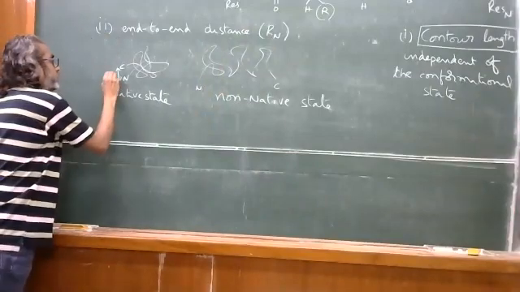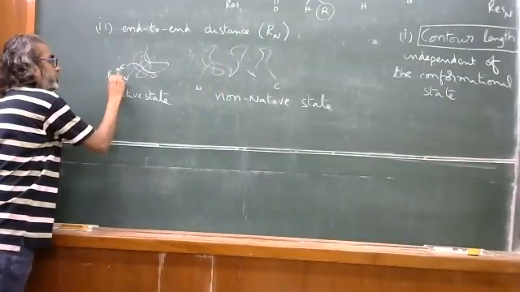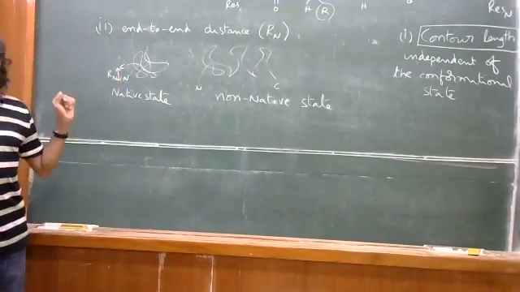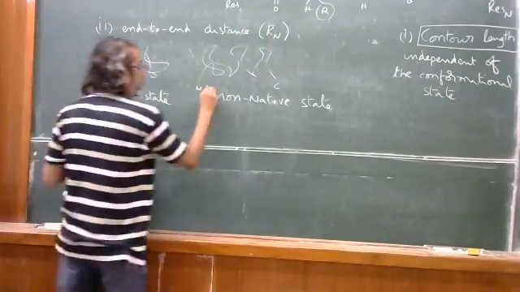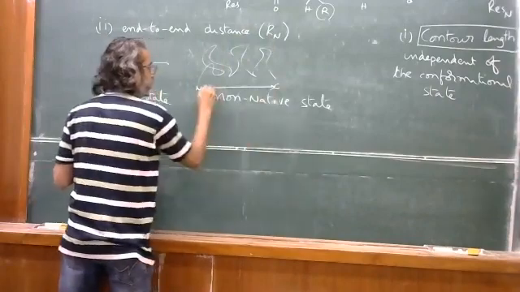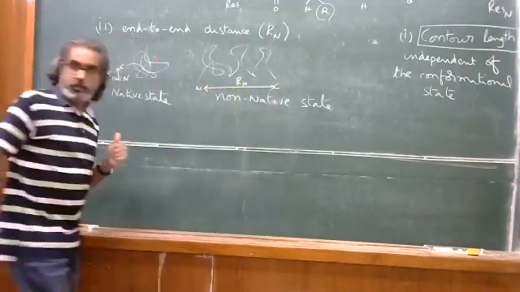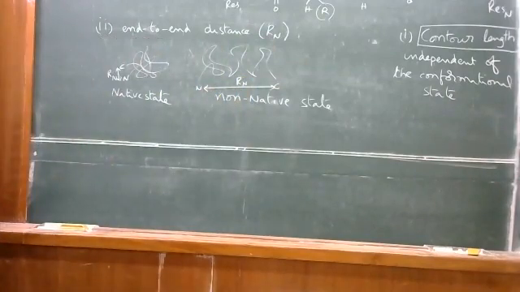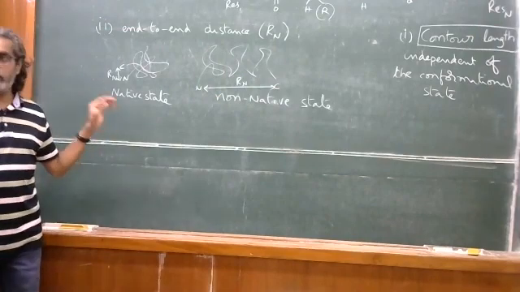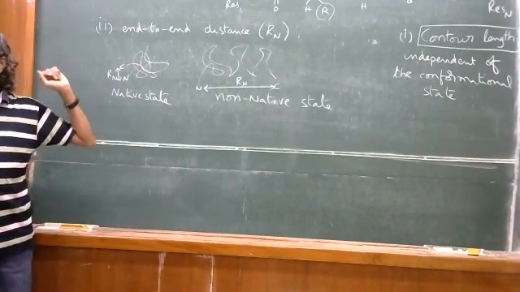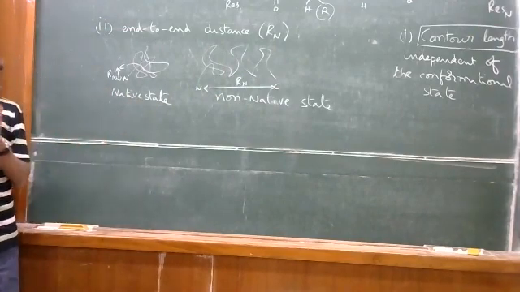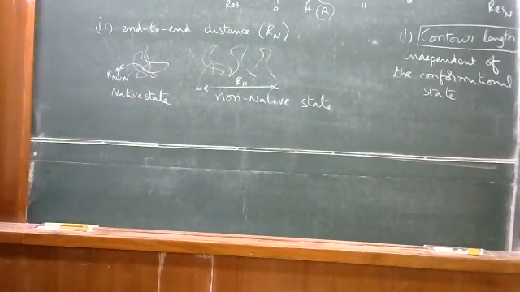This is your R_n for the native state, and for the non-native state, this is your R_n. If I give you a series of R_n values from a measurement on this protein, you can say, based on the R_n value, whether the protein is in the folded state or in the unfolded state.